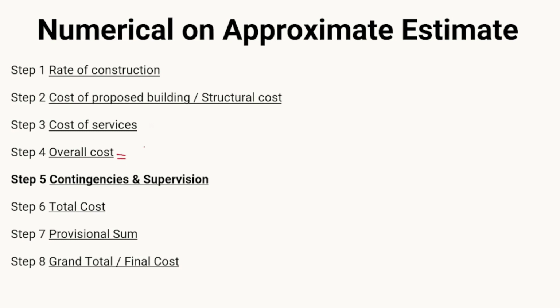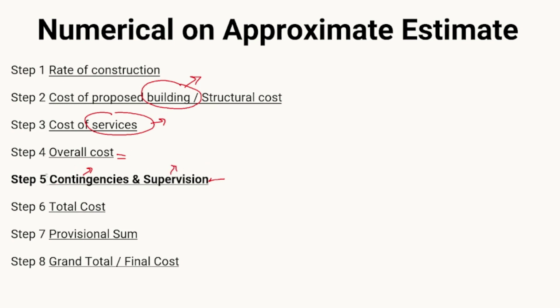Contingencies, that is unforeseen expenses, will apply on the building cost, and also on the services. Similarly, for the supervision, I have to provide the supervision for the building, as well as whenever there is the installation of the plumbing or the electrification, whatever our service installation is.